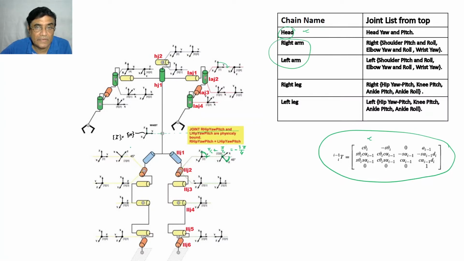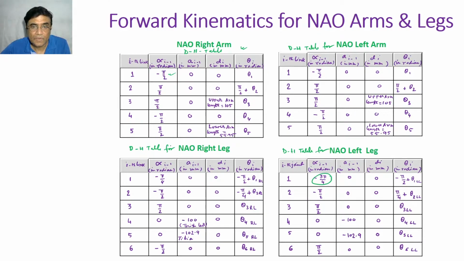The angle between this Z axis and this Z axis is 45 degrees in the clockwise direction. So you have got pi by 4 and all kind of thing. Similarly, pi by 2 this way. So this is the way you should do it.